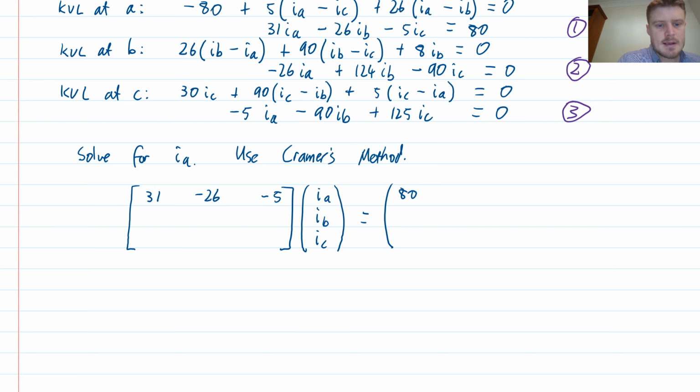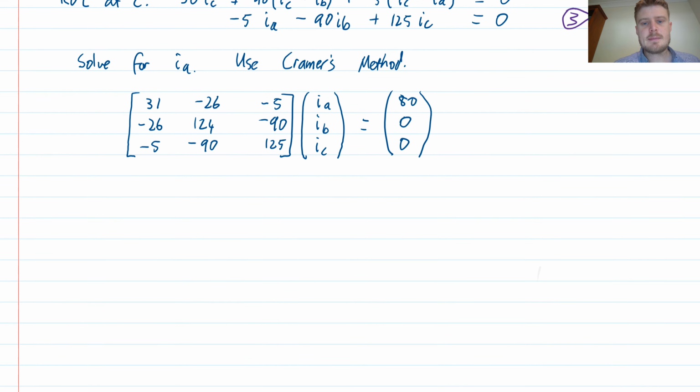The second equation is minus 26, plus 124, and minus 90, equal to 0. And my third equation is minus 5, minus 90, and 125, and that is also equal to 0.